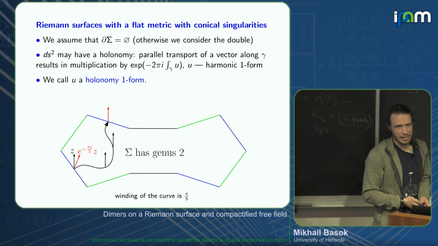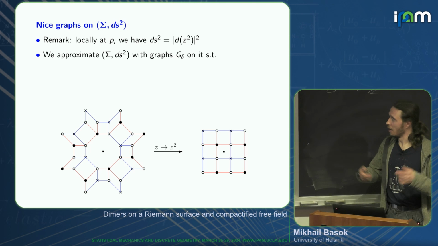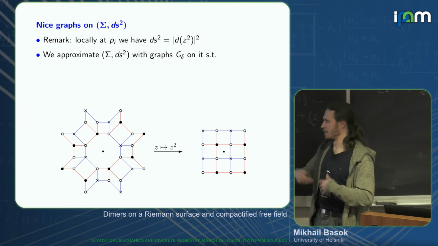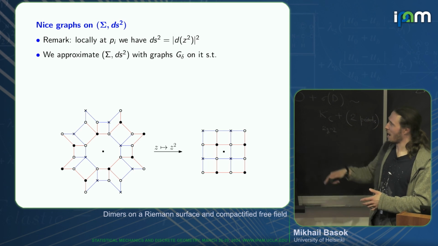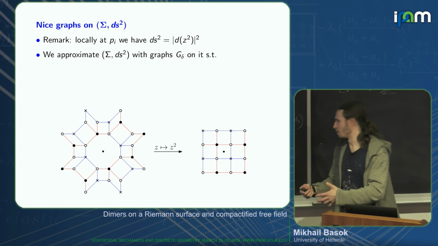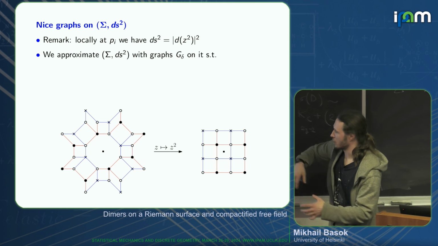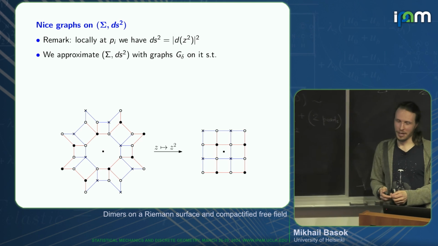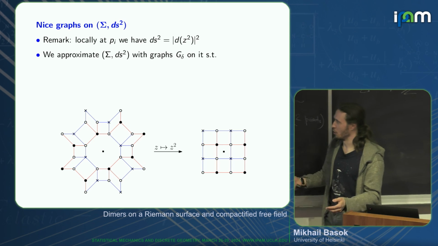Okay, so now what is the setup that we want to consider? Since we've chosen these conical singularities to have angles 4 pi, we can view our surface near these conical singularities as a double cover of the Euclidean plane. So we ask our graphs to have the following structure.